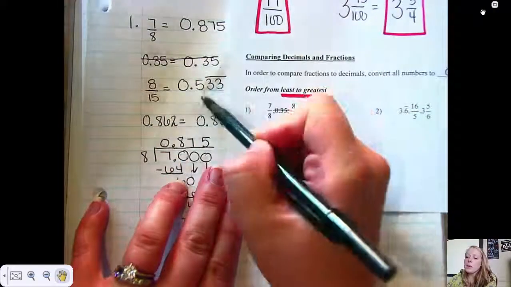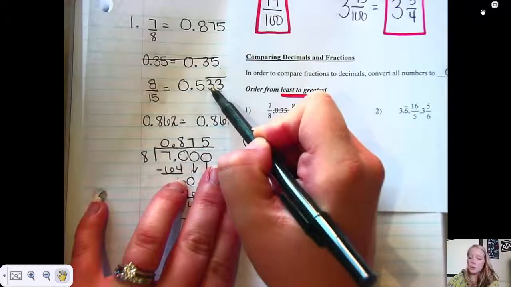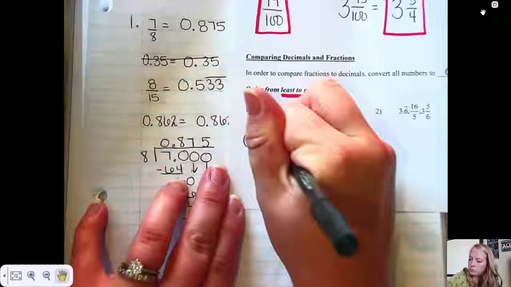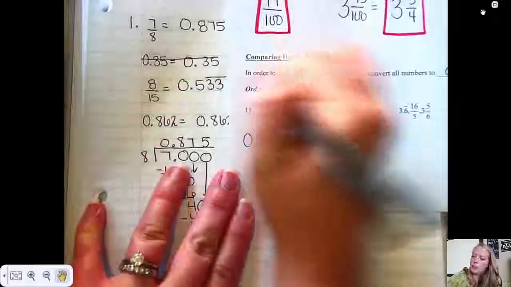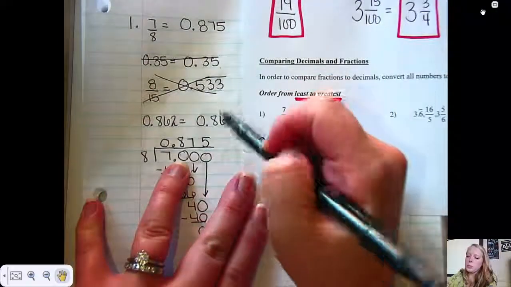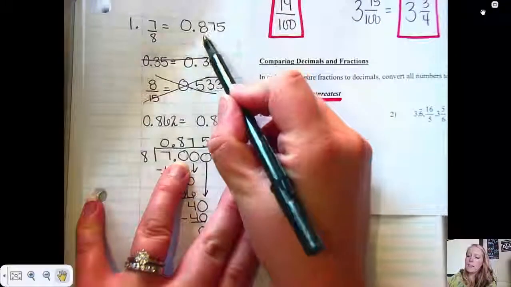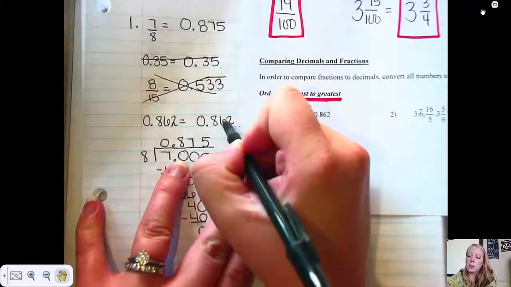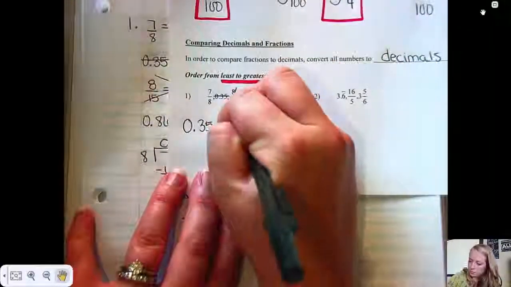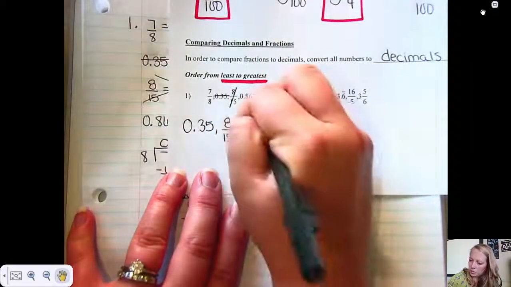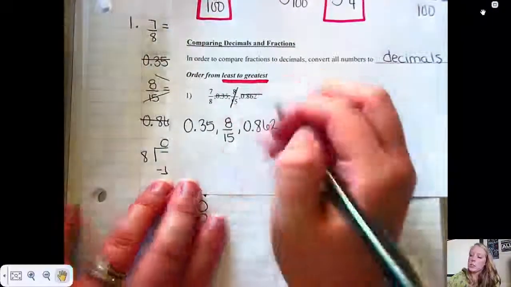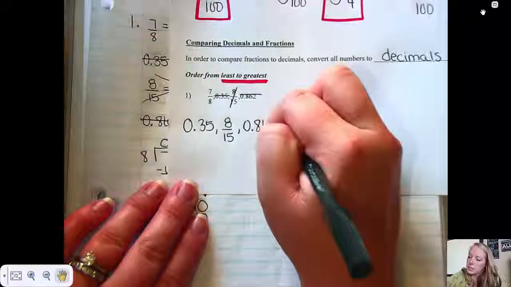The next smallest would be 0.53 repeating, which was originally 8/15. Cross it off, cross it off. Now, this is where it gets a little questionable. 862, 875. This is smaller. It was originally 0.862. Cross it off, which leaves us with 7/8 for the last place.